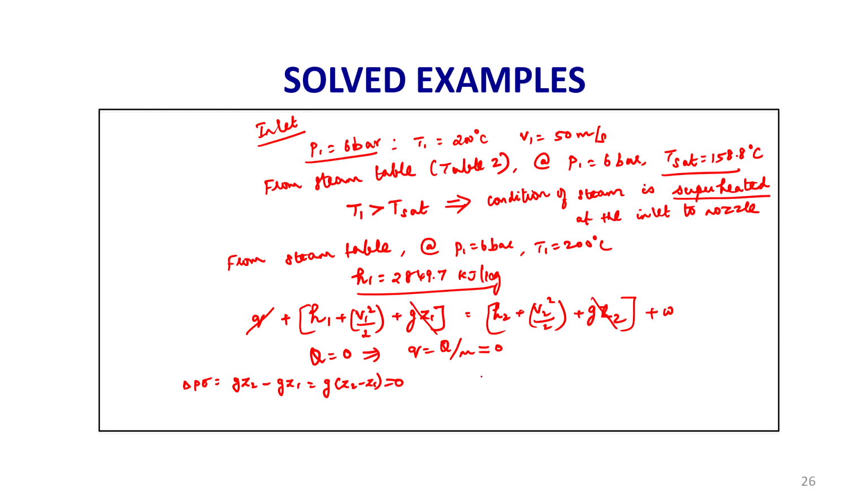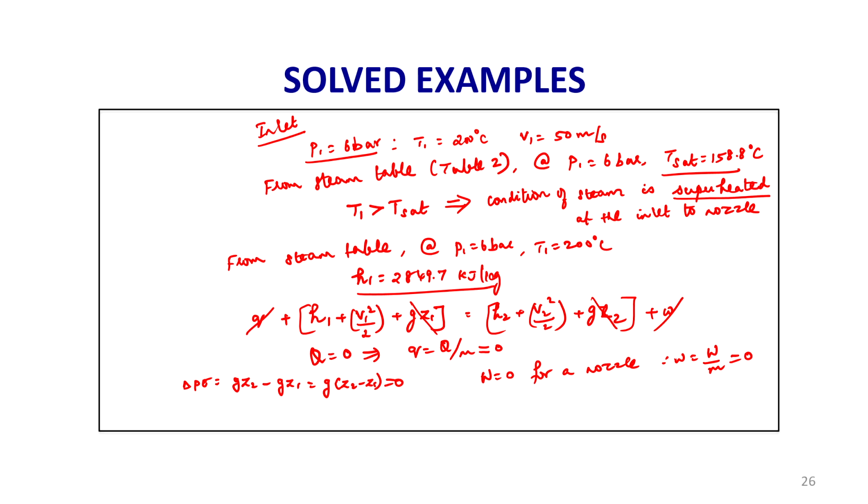So, w is equal to 0 for a nozzle. When W is equal to 0, that is small w, therefore, small w is equal to capital W by m, which is equal to 0. So, substitute these values. So, this term also will become 0.